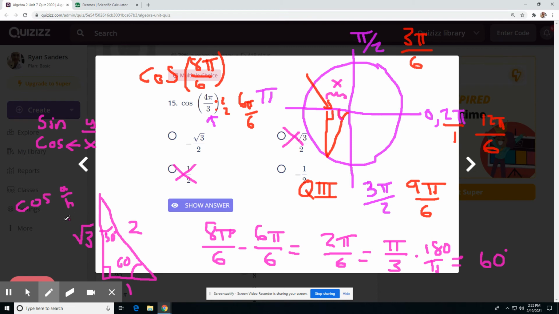So the adjacent from the 60, over the hypotenuse, 1 over 2 is the answer. And then we want to remember it is negative. So negative 1 over 2. Sorry, I went ahead and gave you the answer on that one. It took so long and a lot of math to get there.